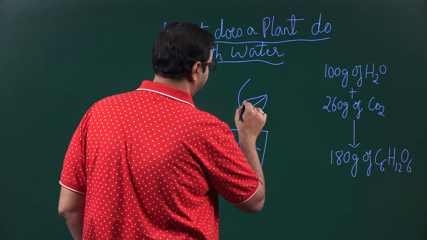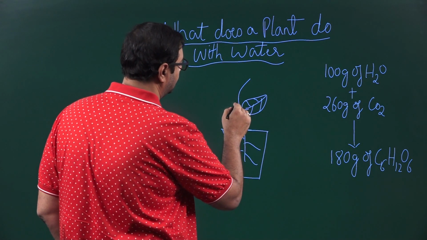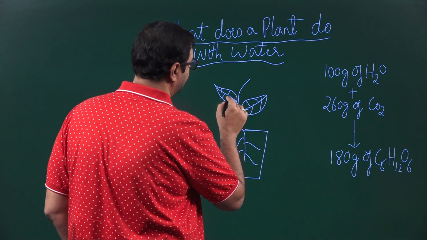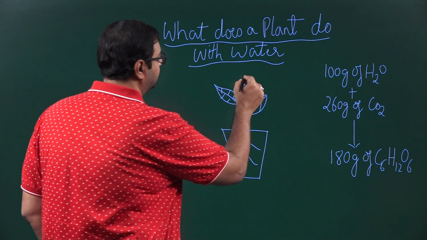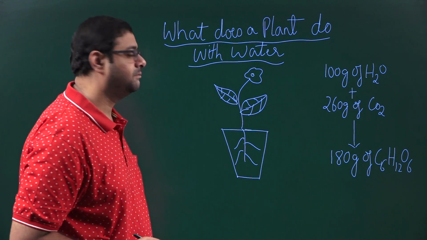Now this experiment we are learning now, you might have learnt in your chapter on nutrition in plants. This is a very familiar experiment for you. We'll put a flower also. So this is a potted plant.